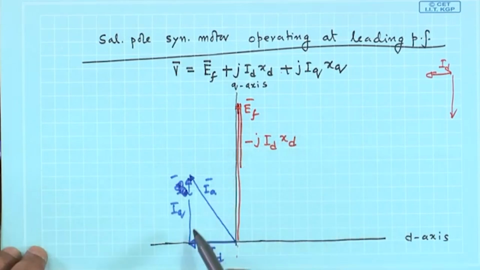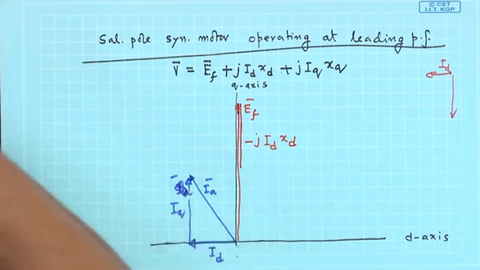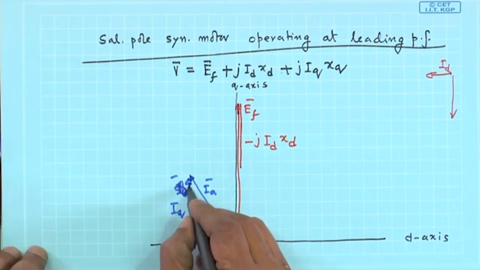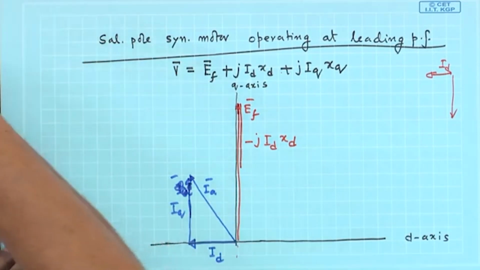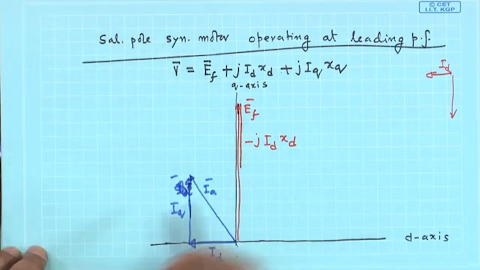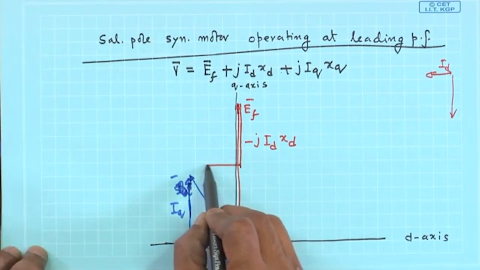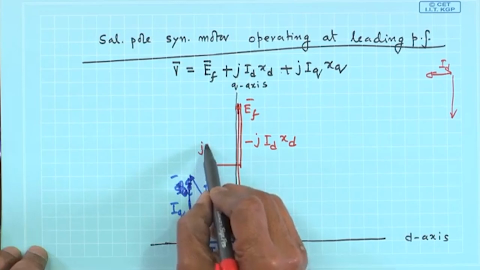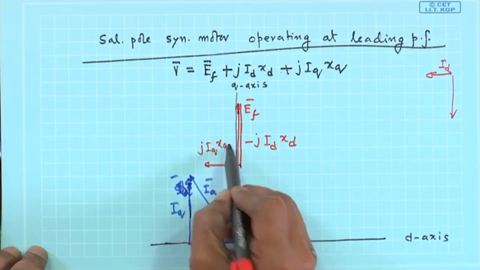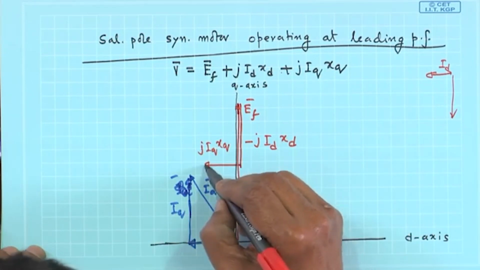Then you have to add plus j Iq Xq, Iq is here and j Iq Xq will be in this way. So, j Iq Xq and this will be your V.